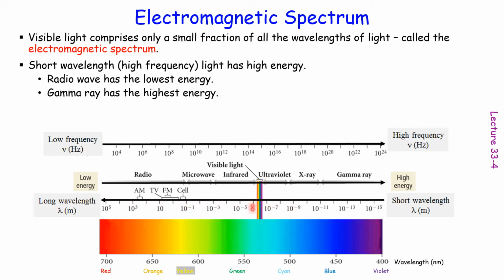And now let's zoom in on the visible region. Red light has the longest wavelength, and it has the lowest energy or the lowest frequency. And then the blue and the violet lights have the shortest wavelength, 400 nanometers.